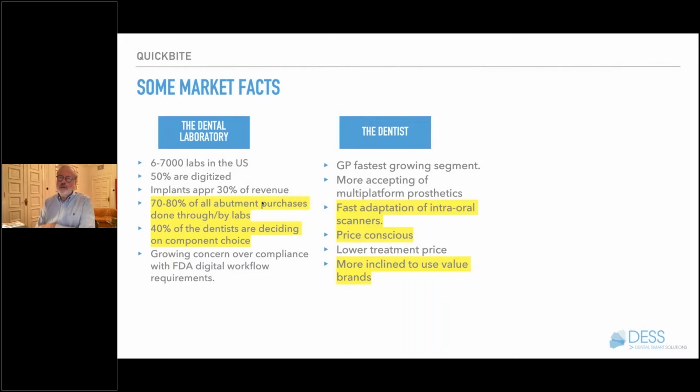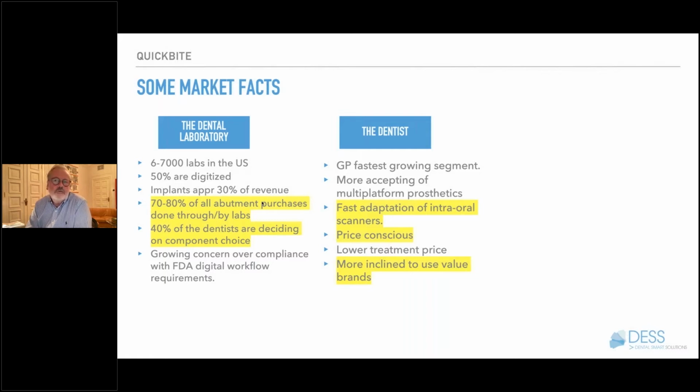That's what I call the company that I'm with, the DESS company. It's a multi-platform company where we provide prosthetics for all of the different implant systems in the market. We see a very fast adaptation to intraoral scanners and the ability to use a digital workflow.